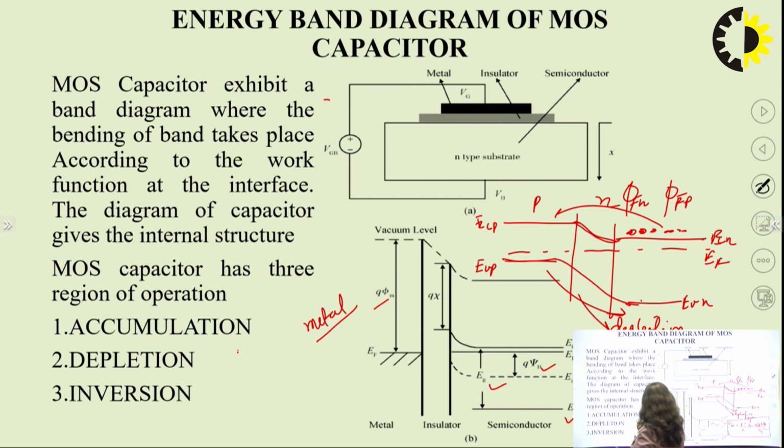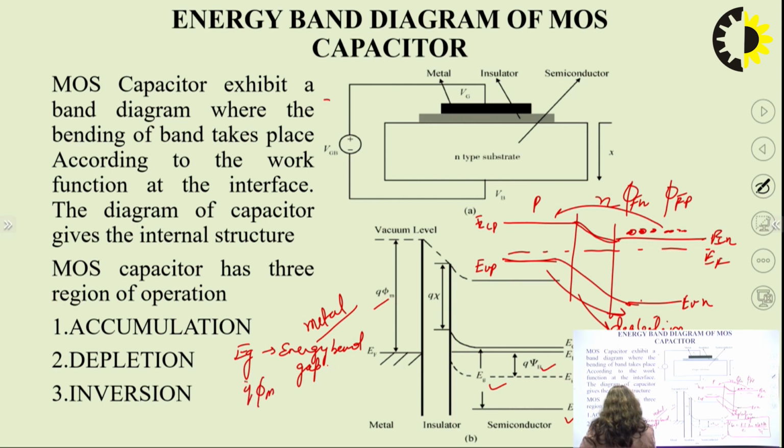So here E_G is your energy band gap. q phi m is the work function for the metal. Then we have q psi b, which is the work function for the semiconductor.